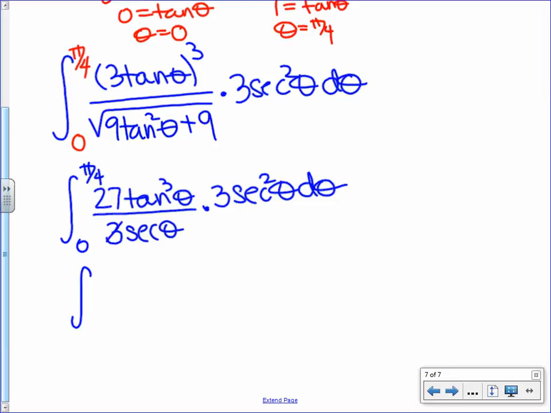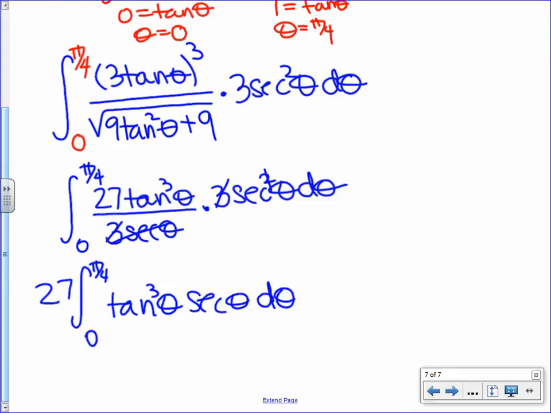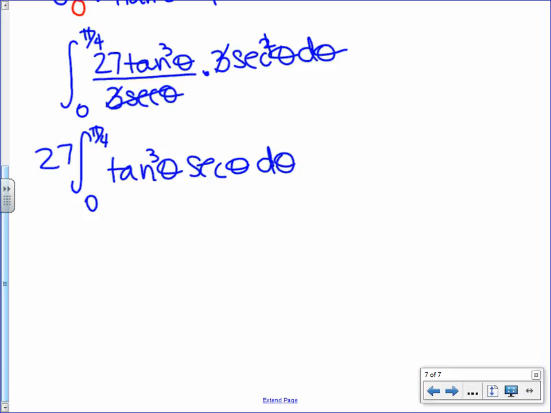Okay, so these 3's cancel out. I'm going to put 27 on the outside here. This secant cancels out with one of these, so we have tangent cubed secant theta. You said we didn't do enough tangent secant examples, so here's another one for you.